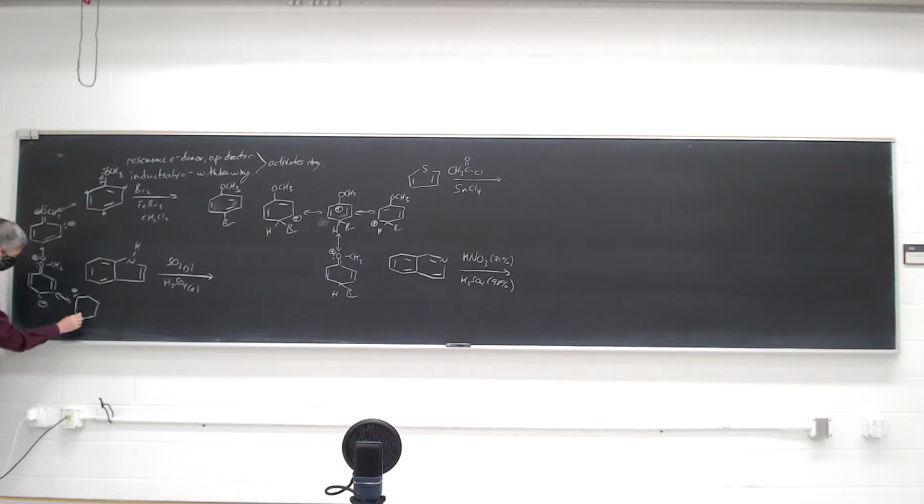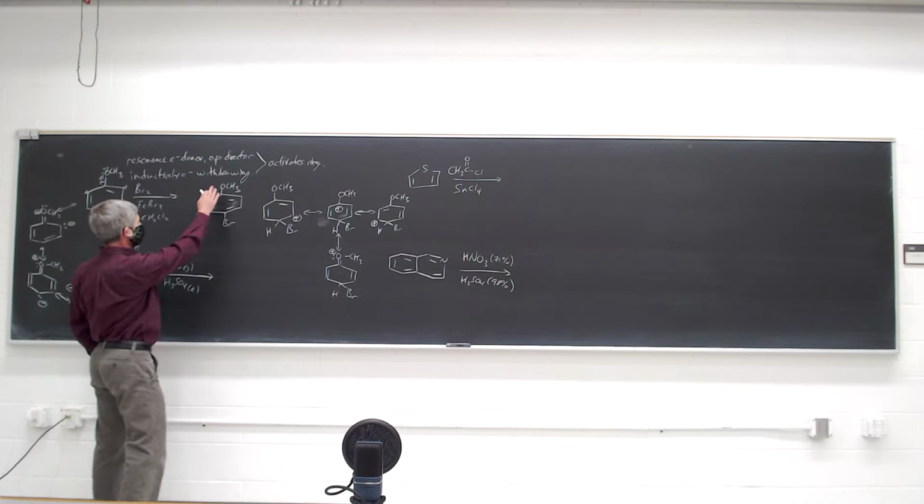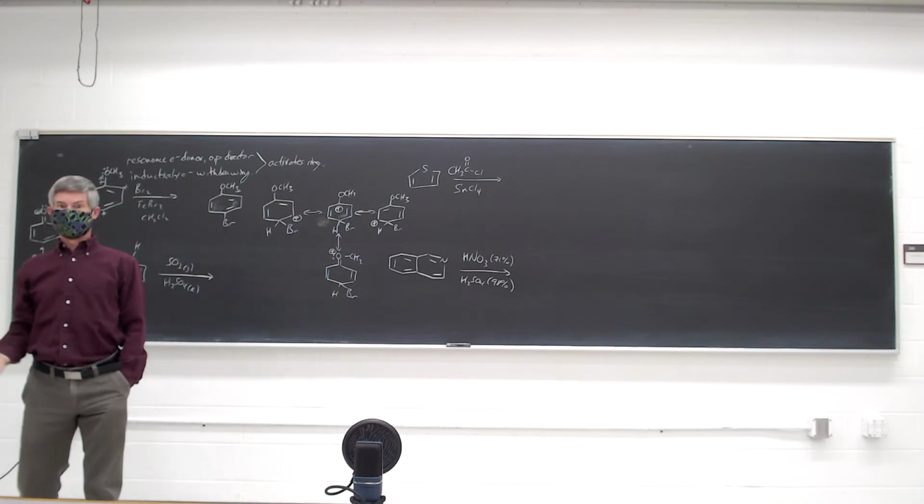So you can reach the same conclusion from looking at resonance structures of the starting material or from looking at resonance structures of the intermediate. That's not always true, but it's true when you actually have a lone pair on the outside atom.